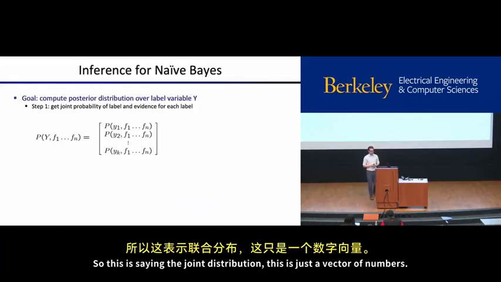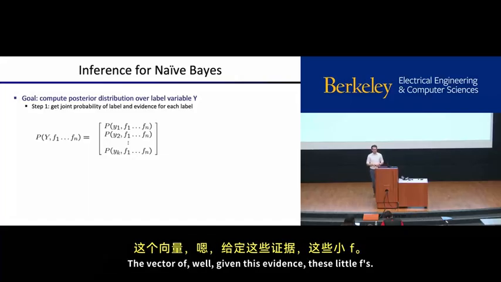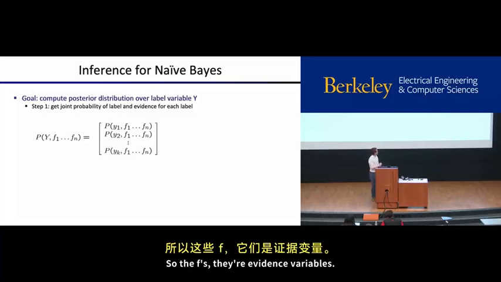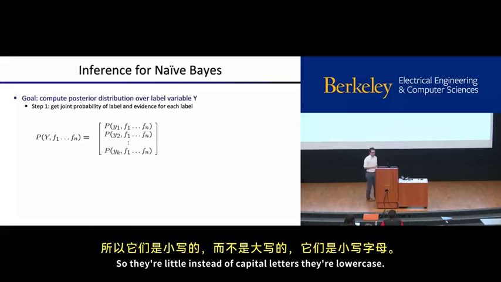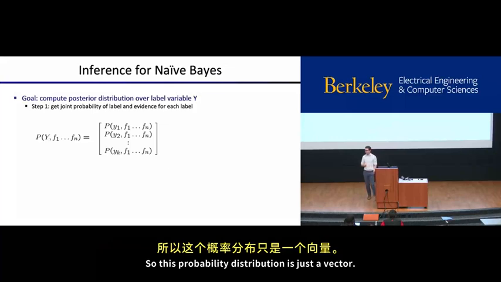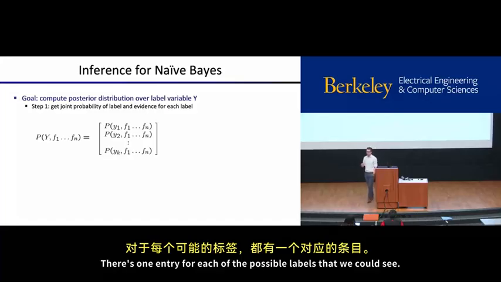So the joint distribution is just a vector of numbers. Given this evidence, these little f's are evidence variables, so they're lowercase instead of capital letters, right? So this probability distribution is just a vector. There's one entry for each of the possible labels that we could see.